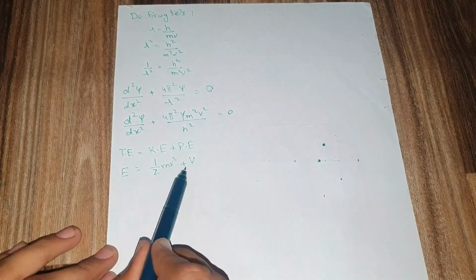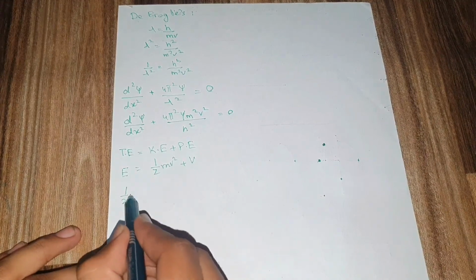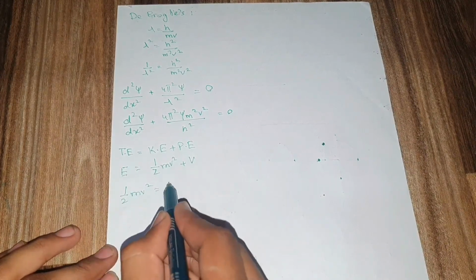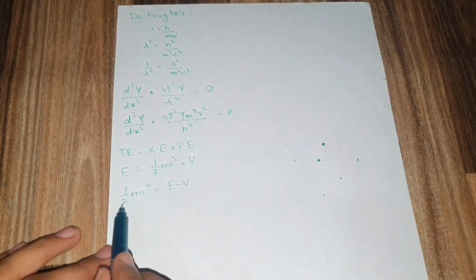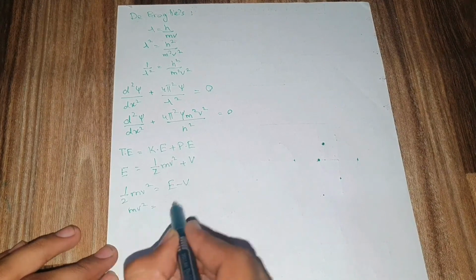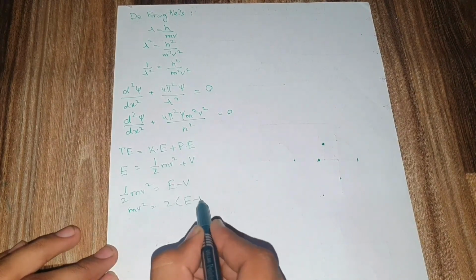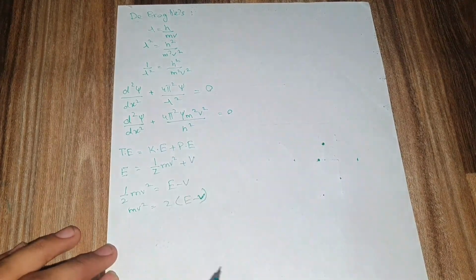Okay, plus v, after coming here, will become minus v, so half mv square will be equal to e minus v. Okay, so the 2 in the denominator here will come here to multiply, so it will become 2 into e minus v. This v represents the potential energy.